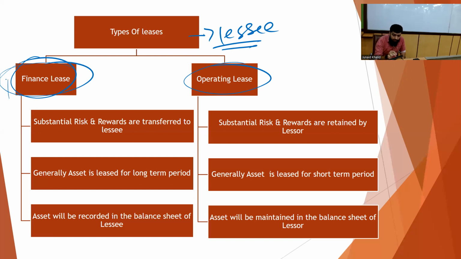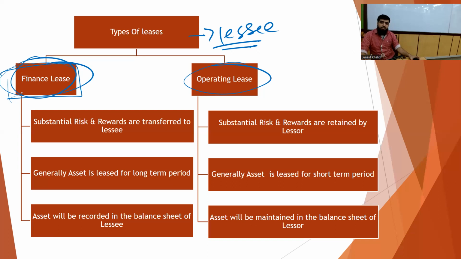It means normally about 90% of leases are classified as finance lease, but yes, IFRS 16 gives an option in two particular situations.